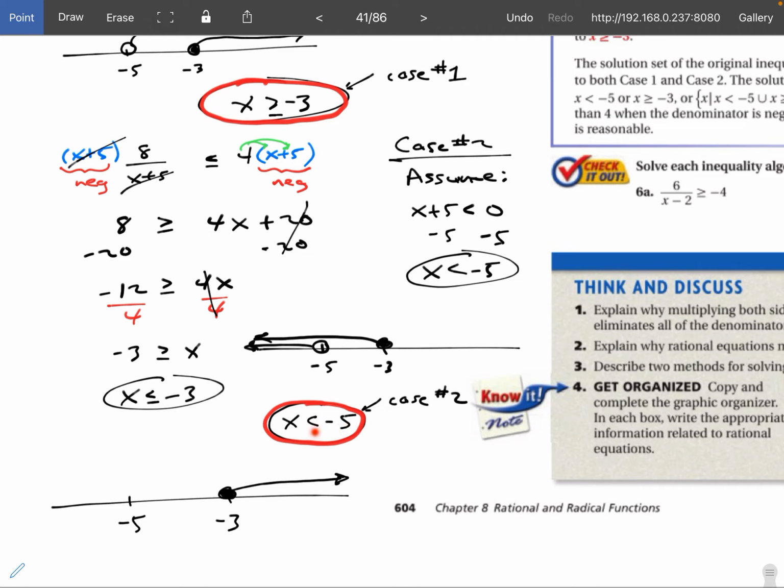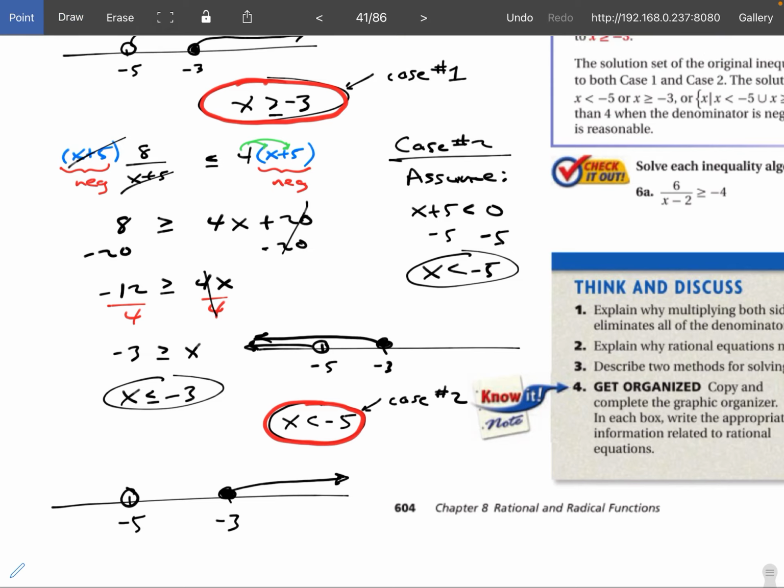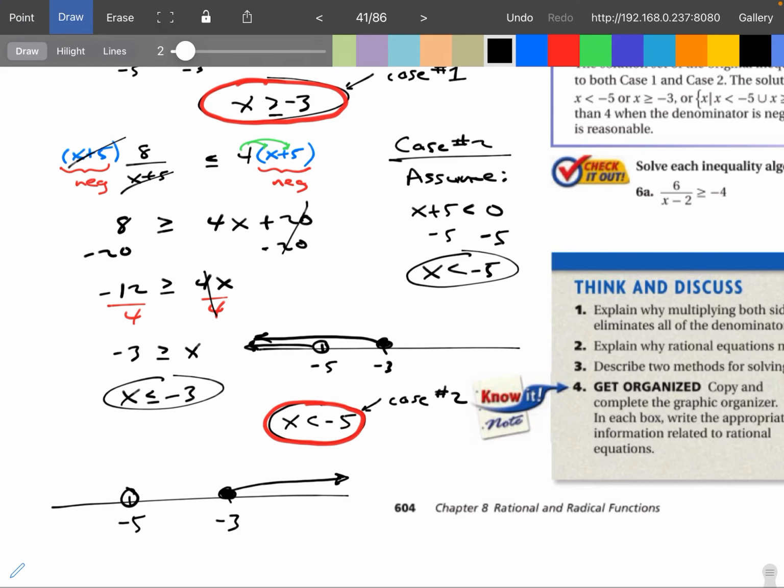And then for this other one down here, these are all the real numbers x less than -5, so there's no equal to bar on here, so it's going to be an open dot or open circle at -5. And again, it's the x's that are less than -5, so I would shade to the left. So it'll be like that. So that is my final solution right there.